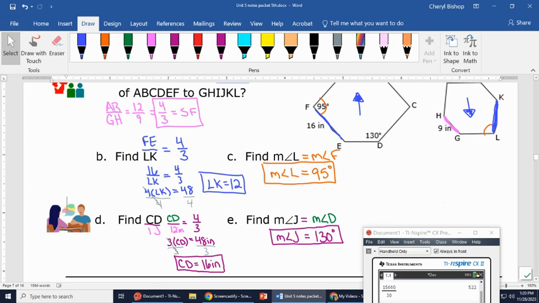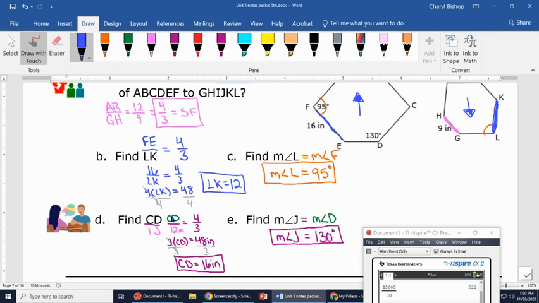Because 48 divided by 3 is 16. So, CD over IJ, CD over 12. This is going to reduce to the scale factor 4/3.